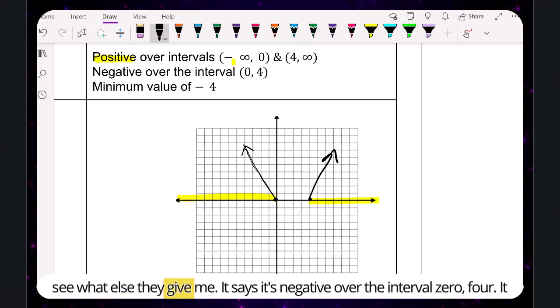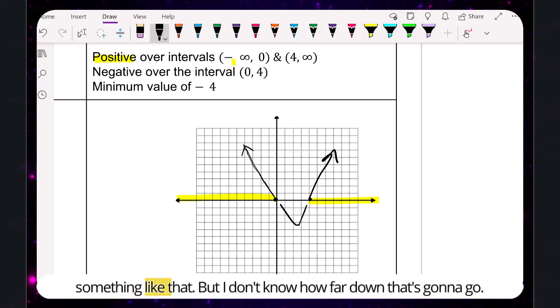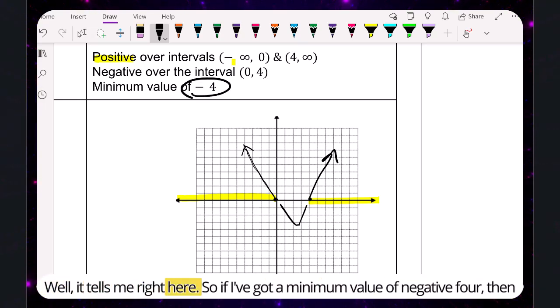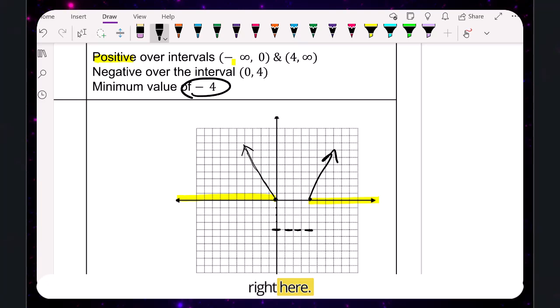Let's see what else they give me. It says it's negative over the interval 0, 4. Well, that makes sense because it's going to be negative here. So it's going to be something like that, but I don't know how far down that's going to go. Well, it tells me right here. So if I've got a minimum value of negative 4, then I know that I'm going to 1, 2, 3, 4. That's the lowest it can go right here.